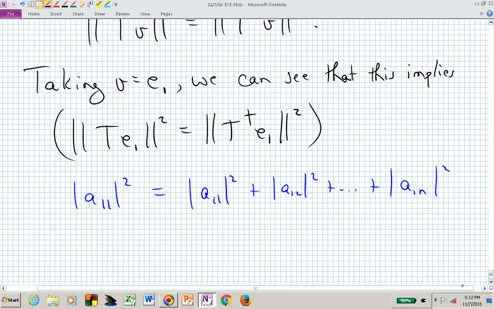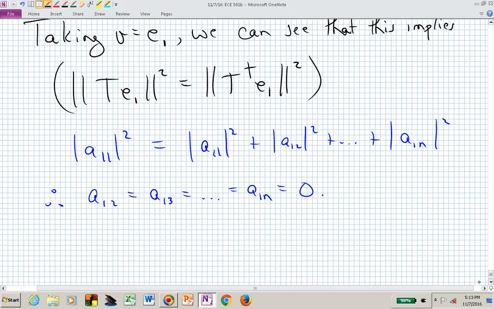If those two sides are equal, what can we conclude? All of those right-hand side terms other than A11 have to be 0. Therefore, A12 is equal to A13 is equal to A1n is equal to 0.